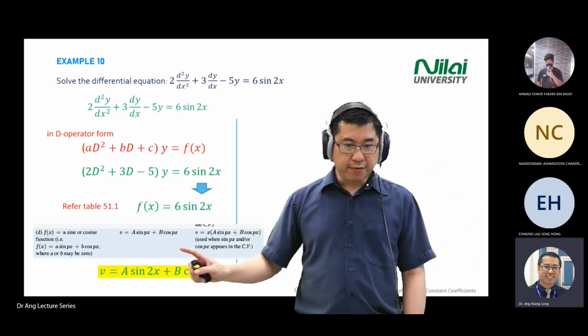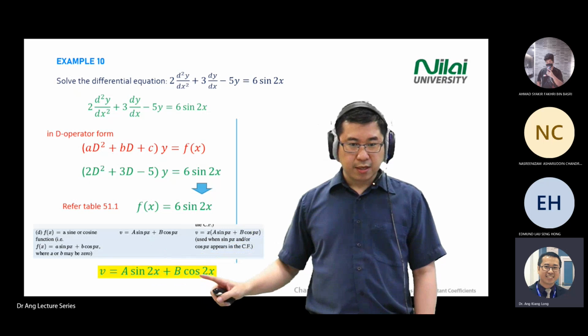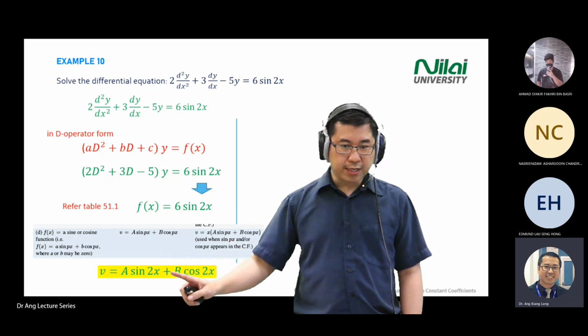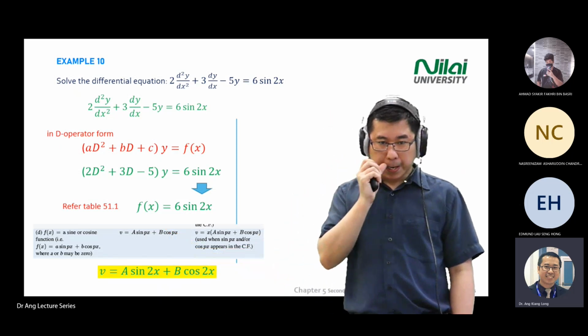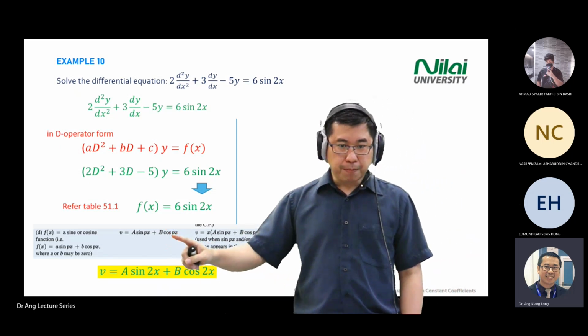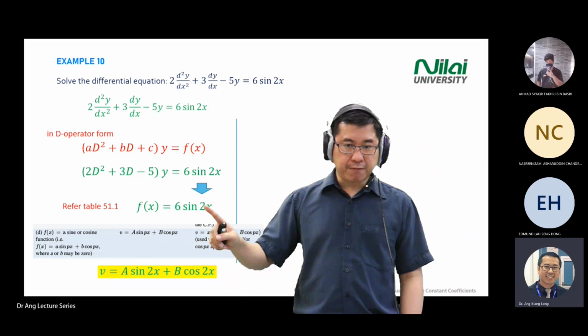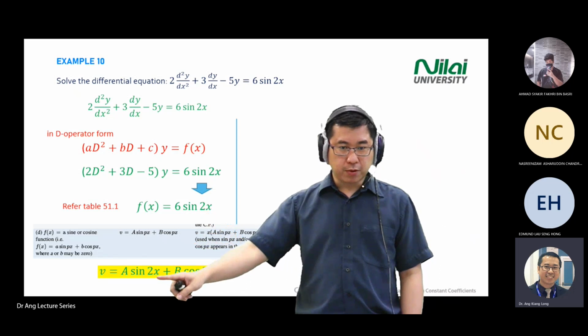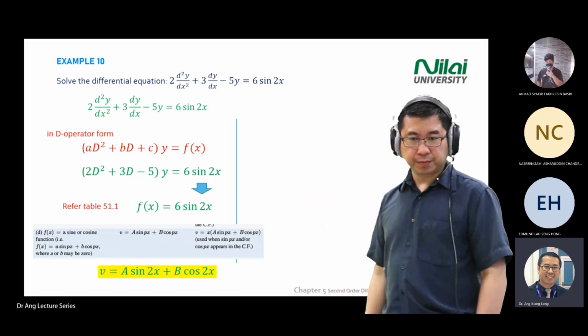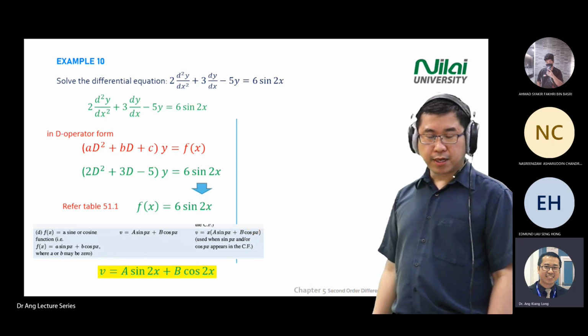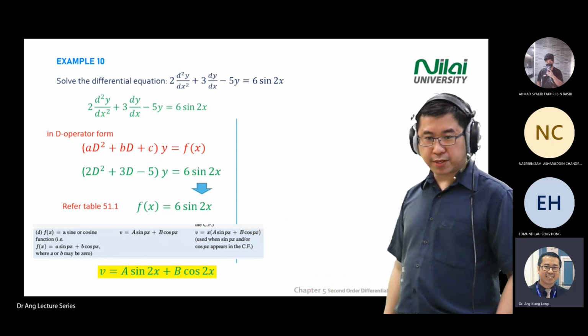So this one, you copy the V equation, V equal to A sine 2x plus B cos 2x, copy the same thing. All right. So important is your P value. Your P value is 2. So you substitute A sine 2x plus B cos 2x. Then what is the next step? Like what we learned previously.